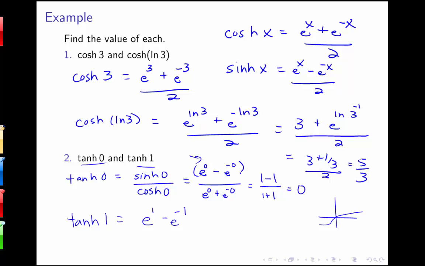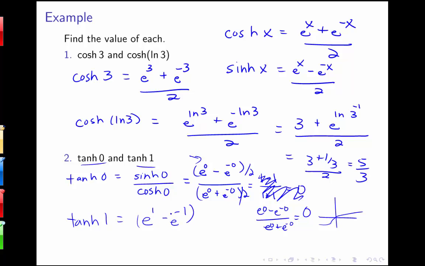These would be over 2, and this would be over 2. Yes, just e to the 0 minus e to the negative 0 over e to the 0 plus e to the negative 0. So that does end up being 0. Sorry, I forgot about our little divided by 2's. So let's be more careful over here.